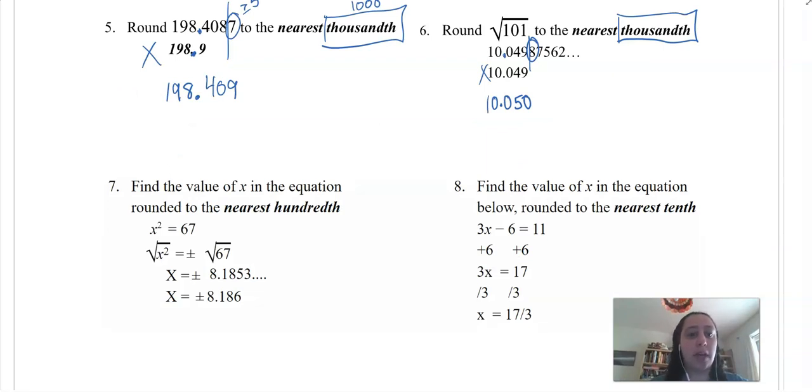Find the value of x in the equation rounded to the nearest hundredth. The equation is x squared equals 67. So if we have x squared, the inverse is square root. So they took the square root of both sides, that's good, and they put plus or minus, always something you need to remember.